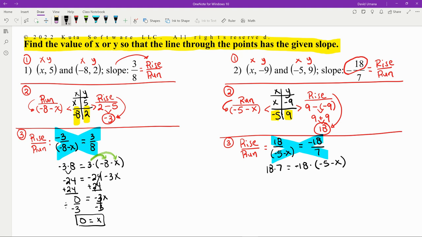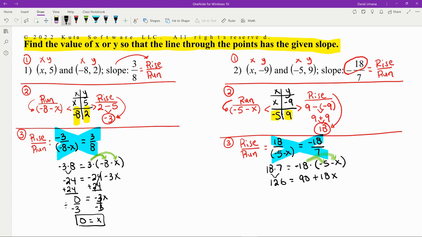So very quickly, 18 times 7 is equal to 126. Then here, distributive property, multiply by negative 18, and I end up with negative 18 times 5. Negative 18 times 5 becomes negative 90. Negative 18 times negative x becomes a positive 18x.